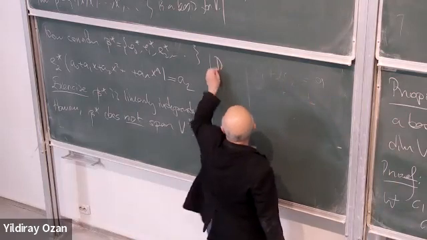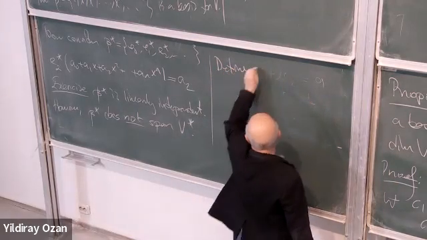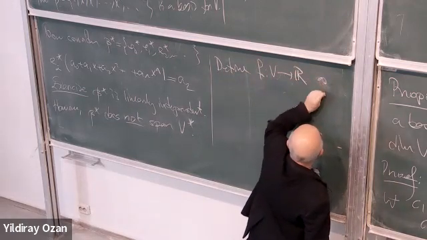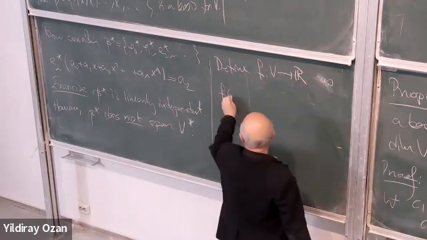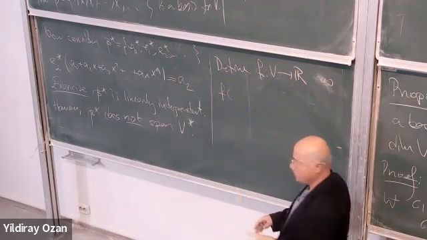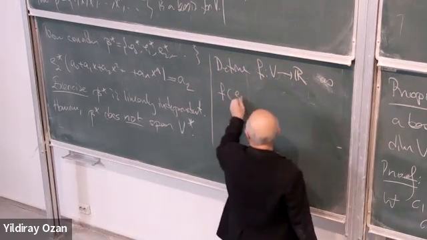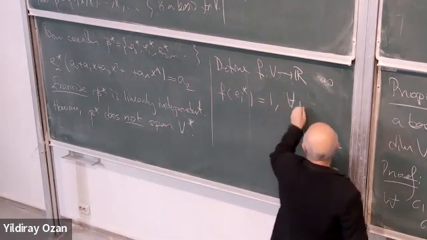Define f from A as follows. It is enough to define this on basis elements, right? You start with one for all.